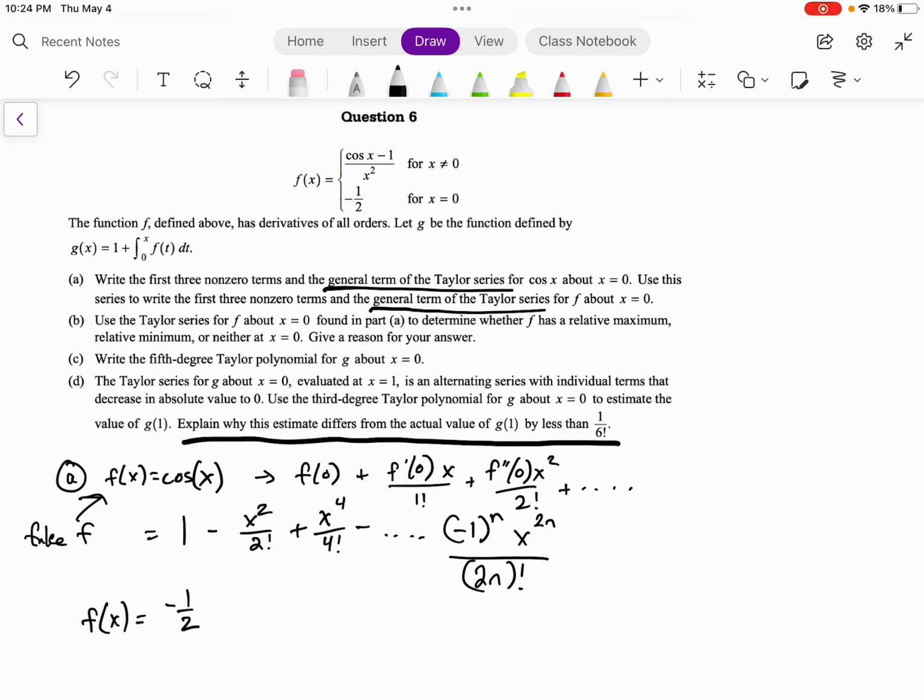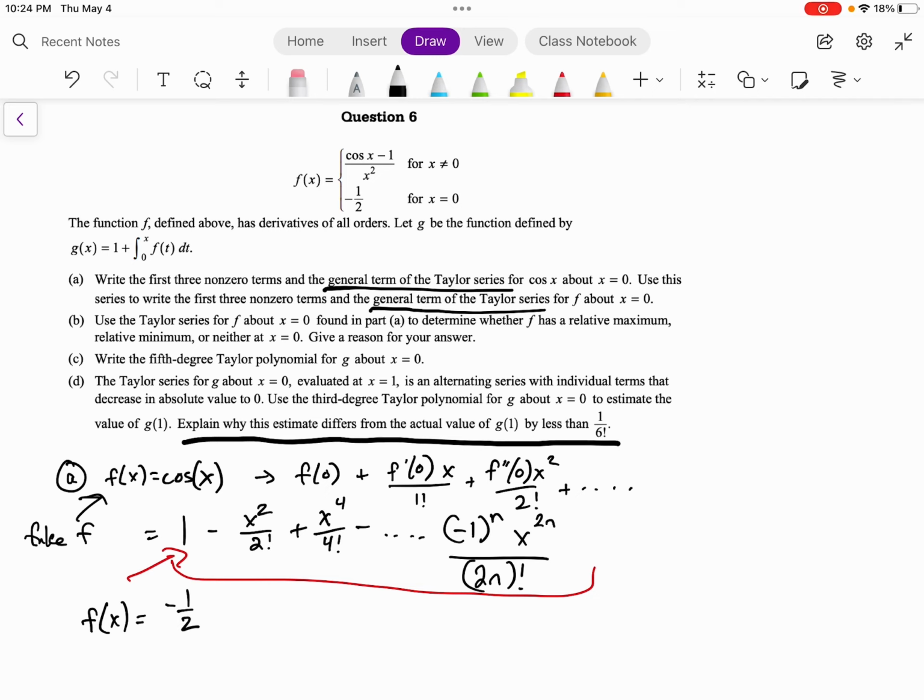My next term is going to be, for each of these terms, we're going to have to subtract 1 and divide by x squared. So we're going to take the cosine series here, subtract 1, and divide by x squared. Subtracting 1 from this eliminates the first term, and then dividing by x squared is going to make all of these terms smaller.